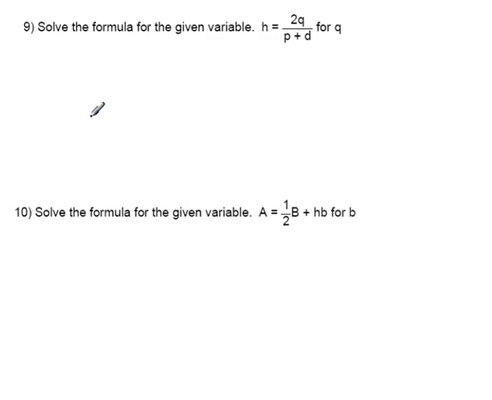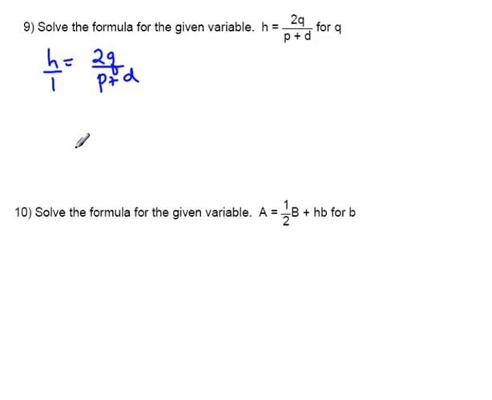Okay, here we're trying to solve the formula for the given variable. So I'm trying to take this equation and get the q by itself. Okay, so here's my equation. And you can do this problem the exact same way that we just did problem number 8, that is, multiply both sides by the common denominator, in this case the only denominator, which is p plus d, or if you put this over 1, you notice that you have a proportion.